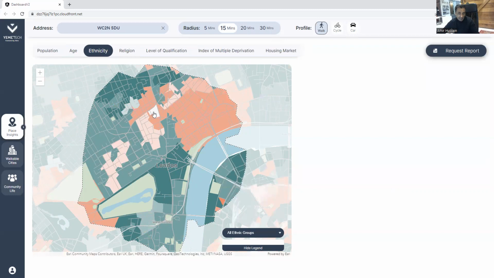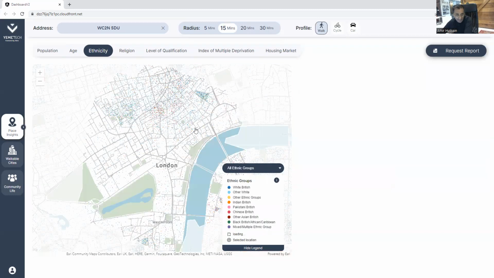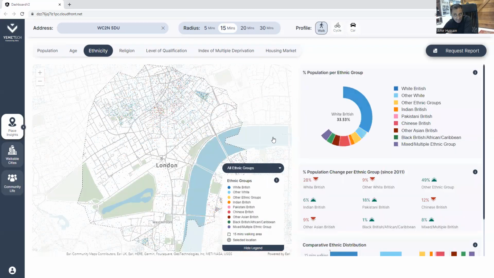So if I look at ethnicity, we can then get this granular understanding of the whole of this specific area. So it's not by a ward or LSOA or a land registry boundary, but by this walkable distance around this chosen site. So we can see that the predominant ethnicity is white British, but we can also see what the others are.